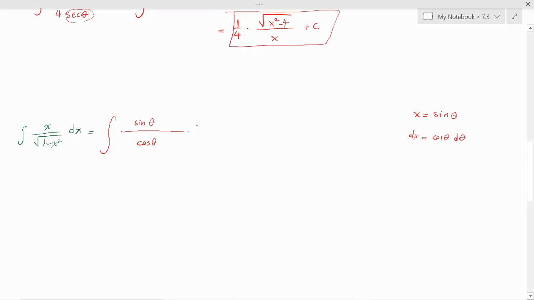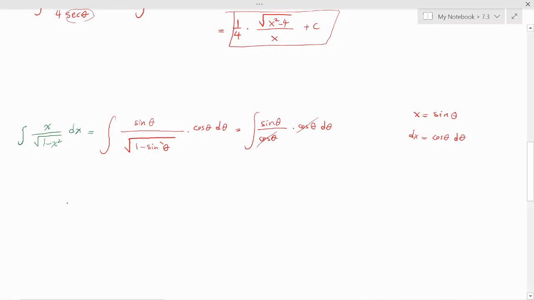And dx would be cosine theta d theta. So this would simplify to sine theta divided by cosine theta times cosine theta d theta.